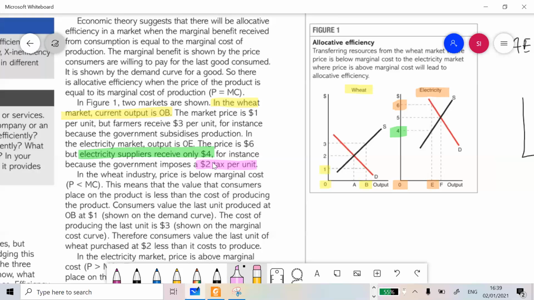The cost of producing the last unit is $3. Therefore, consumers value the last unit of wheat purchased at $2 less than its cost to produce.